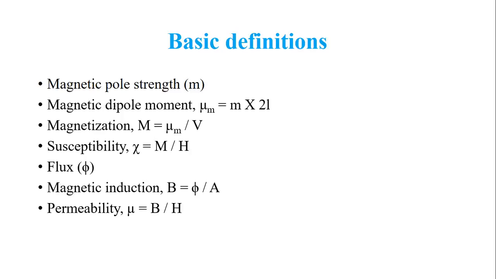So permeability ultimately talks about the number of lines of force passing through a specimen. It decides the number of lines of force passing through the specimen. So if permeability is large, then more number of lines of force will be penetrating the specimen. If permeability is moderate, moderate number of lines of force will be penetrating the specimen.